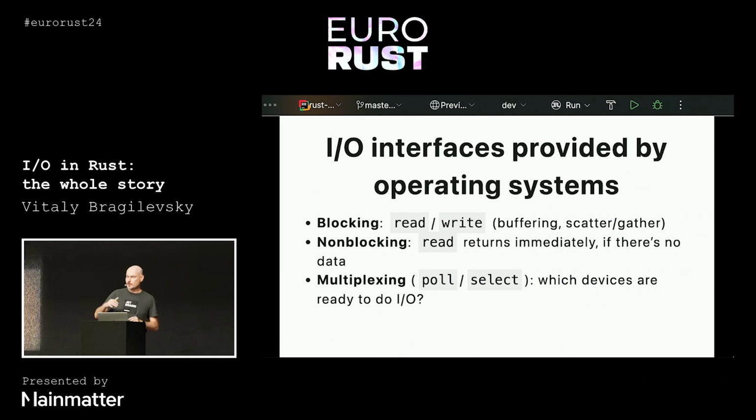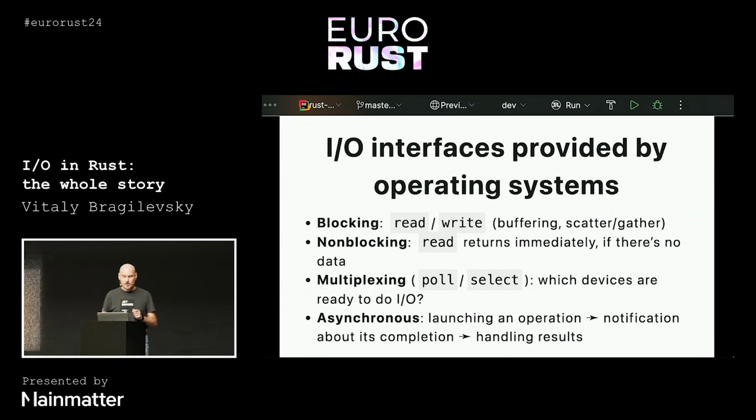You can use calls like poll or select, depending on the operating system, and you just ask. You work with a set of devices at the same time, hence multiplexing, and then you look at those that are ready, and you use blocking operations, knowing that they would not block because those devices really have something at this time.